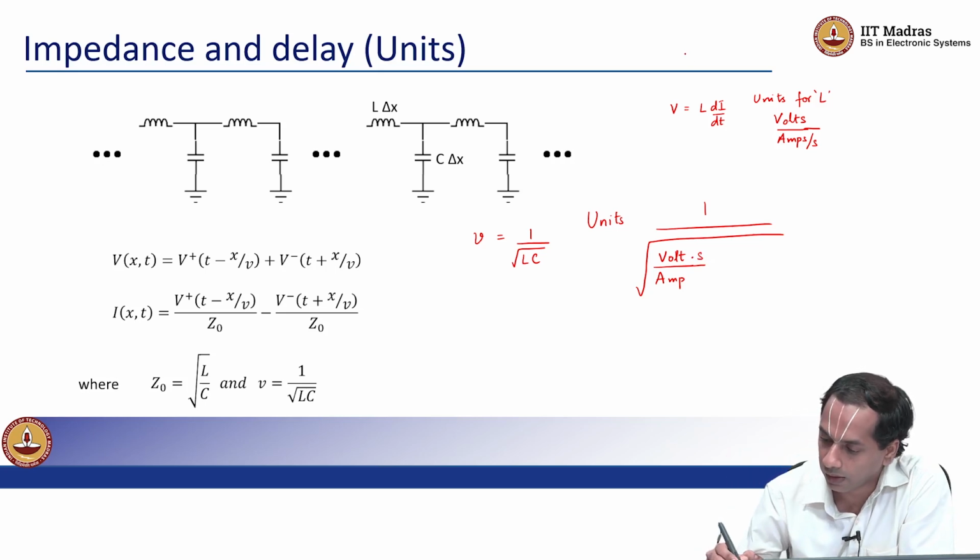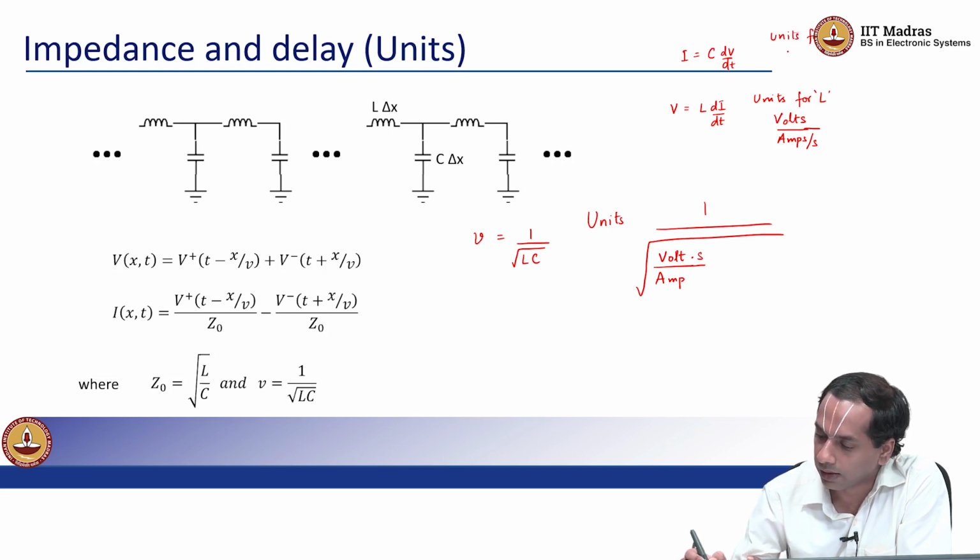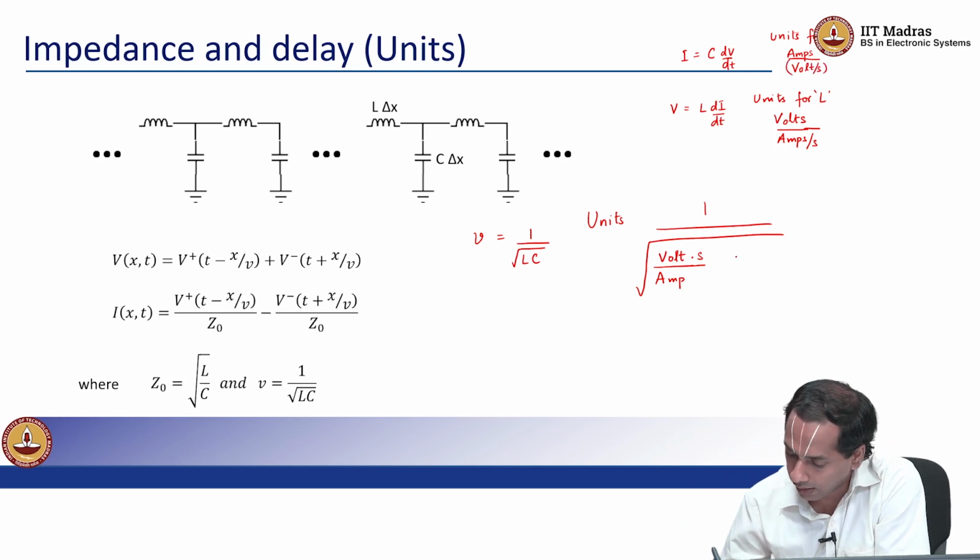Similarly, for capacitance, we have I is C dV by dt. So units for C are essentially amps per volt per second. Okay, so I can write that here.